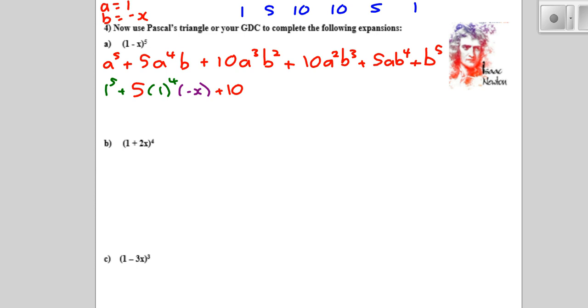And then negative x can be squared. The sign's important because in this case it's going to make the whole term negative. But when you square this x, would you agree that it becomes positive overall? So that becomes a positive.